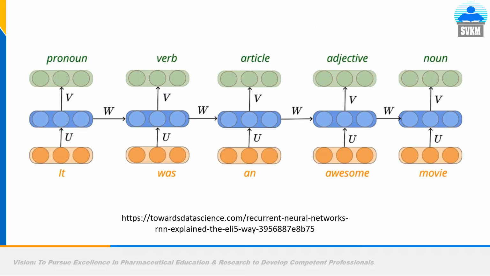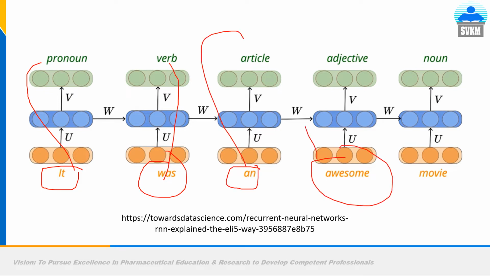In this example, as I told you, a sentence completion type of task is there. When you write "it was an awesome movie", "it" means pronoun, "was" means verb, "an" means article, "awesome" means adjective, and "movie" means noun.